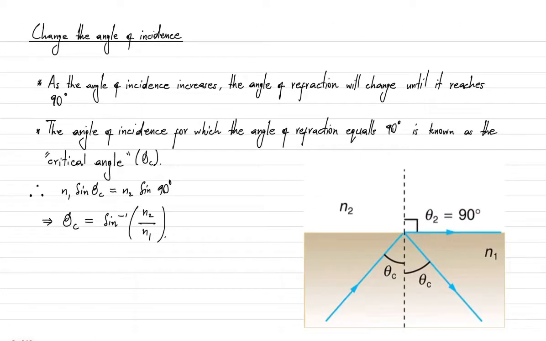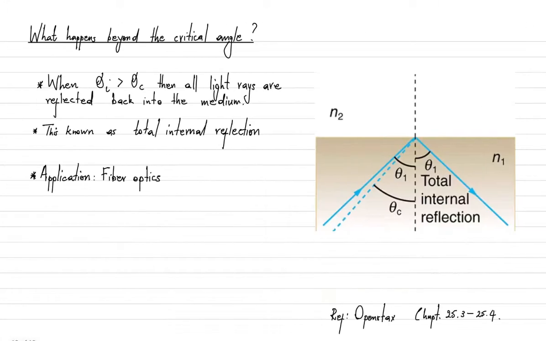Notice in this case, we still had some light being transmitted into the second medium and some reflected. But in this situation, when we go beyond the critical angle, no light makes it to the second medium. All of it gets reflected back. This phenomenon is known as total internal reflection.